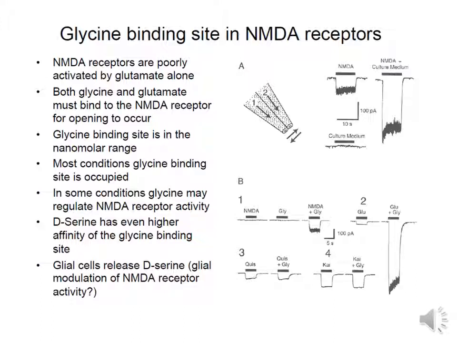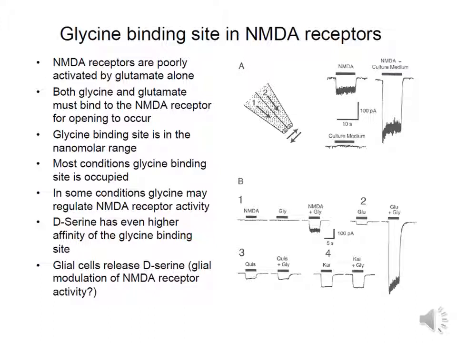As we just mentioned, glycine binding in the NMDA receptors is a key binding site to allow the NMDA receptors to work. If NMDA receptors are only binding to glutamate, they're very poorly activated. So both glycine and glutamate must bind to the NMDA receptor for opening.